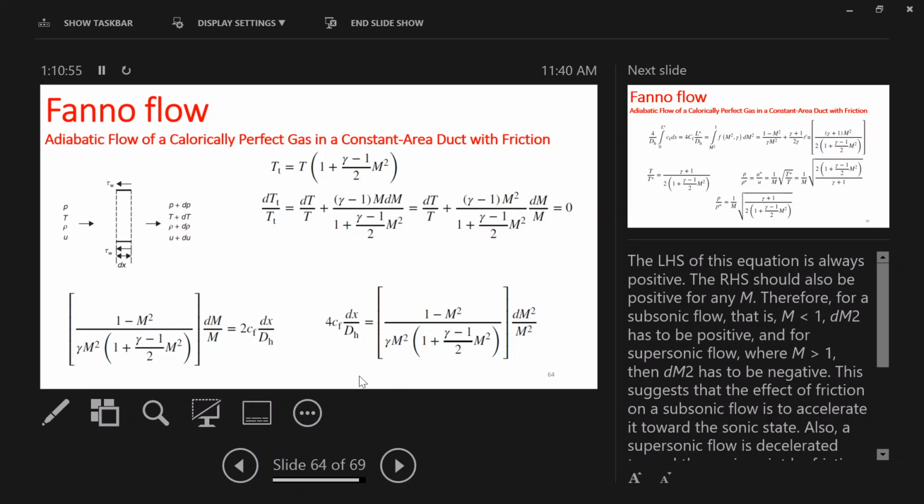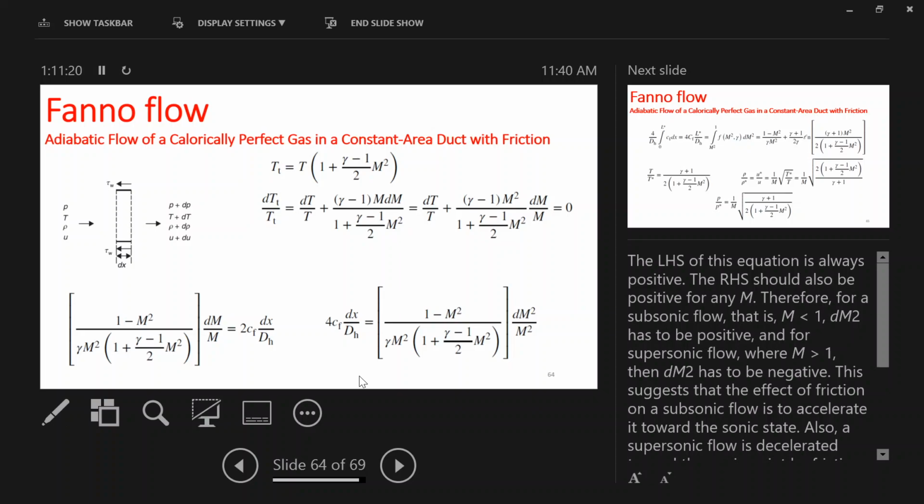Okay. So for this case, you have the dM, you have the dT, and you have the changes in total temperature. The idea is we are dealing with friction with a constant area. In the case of constant area, we know there is no heat transfer, so the changes in total temperature are 0, right?